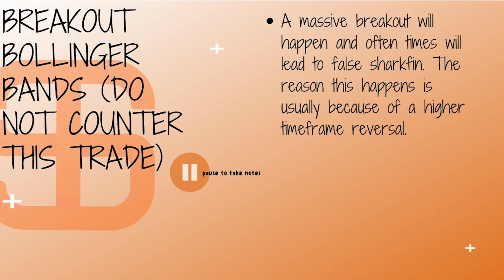So, breakout Bollinger Bands. Now this one's a big one because this one will tell us when the really big moves are going to happen, and the ones that you should really stay away from and never counter trend, okay? So we have a massive breakout, and these happen often, and they often will lead to a false shark fin.